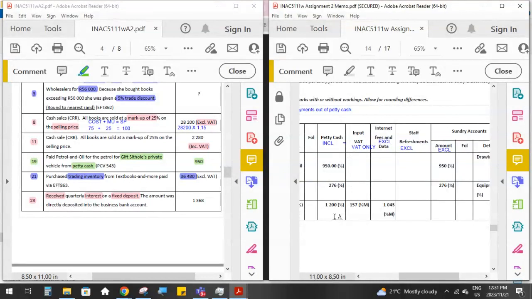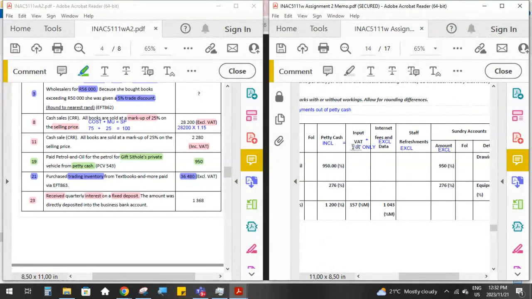column equals the credit that goes to petty cash, Rand value on this side, this is the left-hand side of our journal entry, equals, and then it must be VAT plus the internet fees must equal the total amount that came out of petty cash.